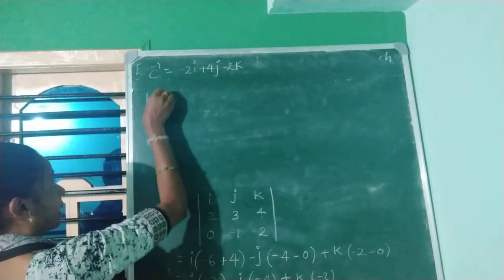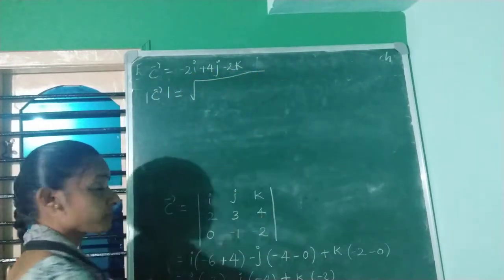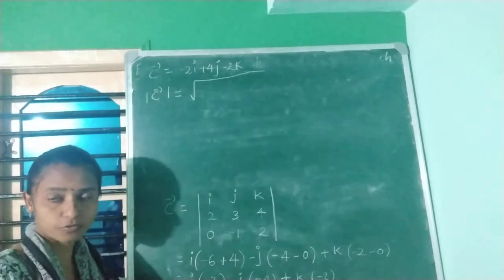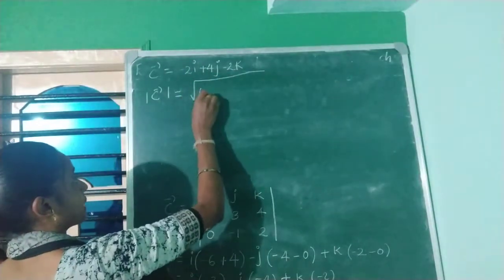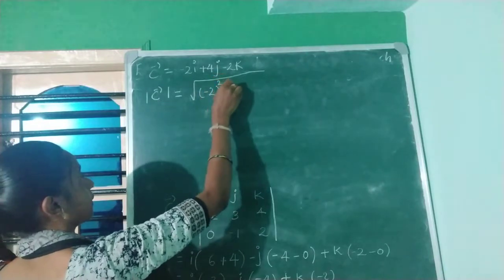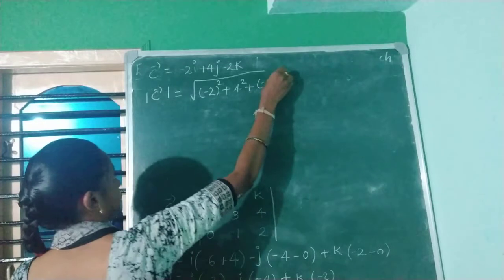That is, the magnitude of vector c is the square root of the sum of the squares of the coefficients of the i, j, k components. That is minus 2 squared plus 4 squared plus minus 2 squared.